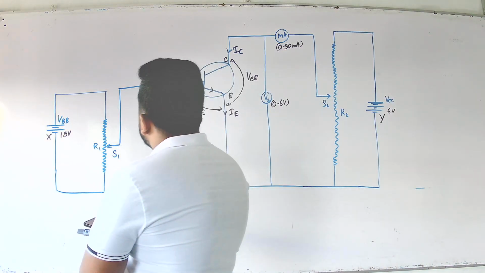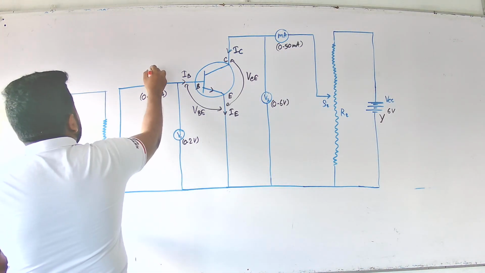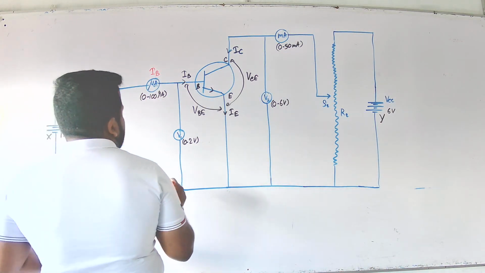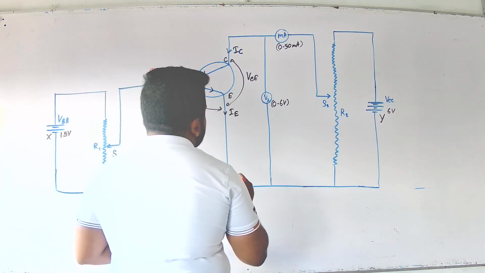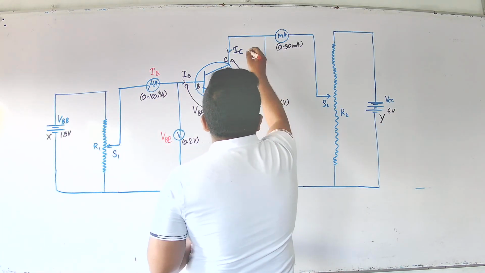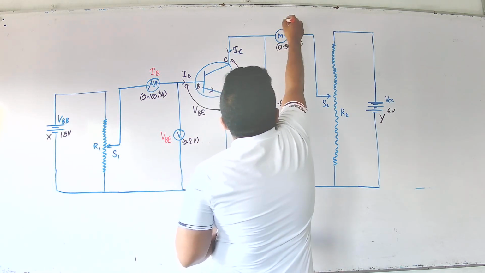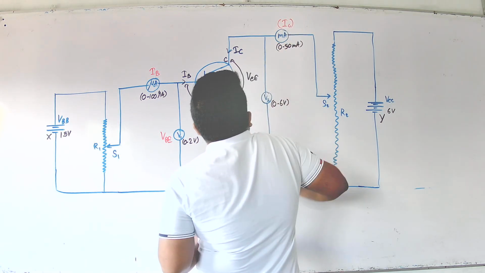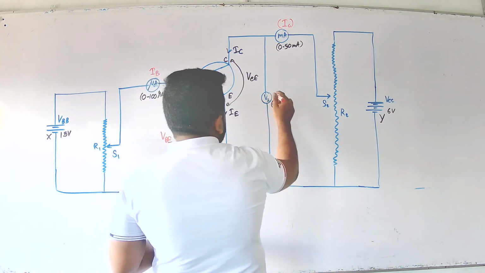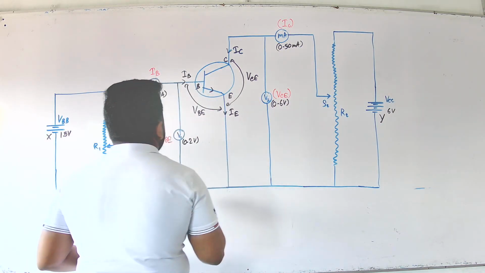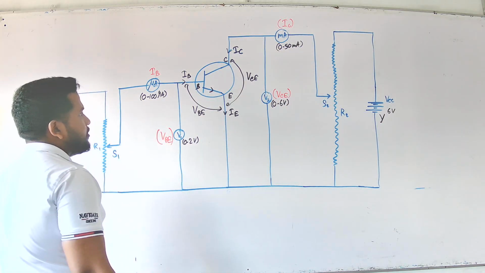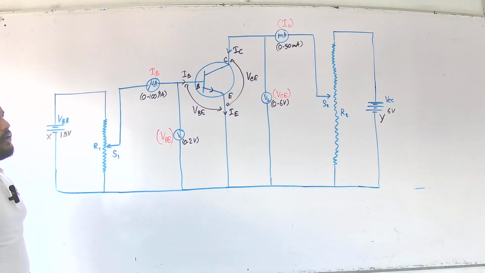So we are using this one to measure IB, this one to measure VBE, this one to measure IC, and this one to measure VCE. So these are the measurements in the transistor.